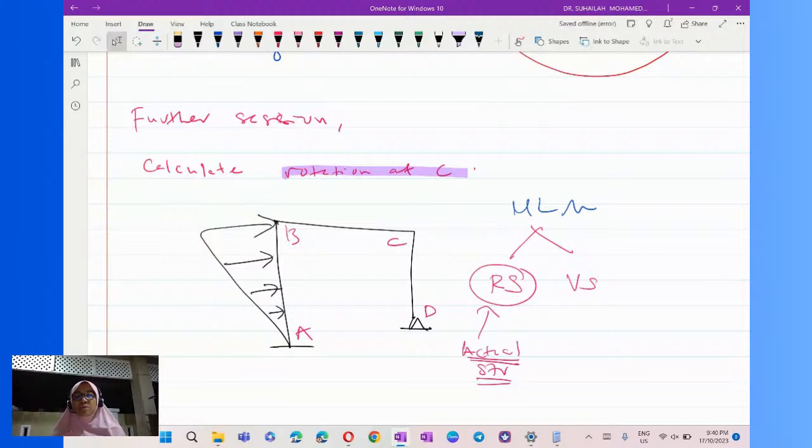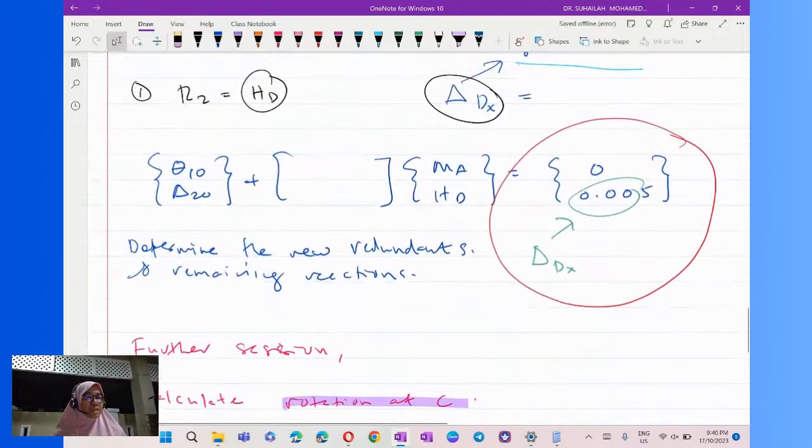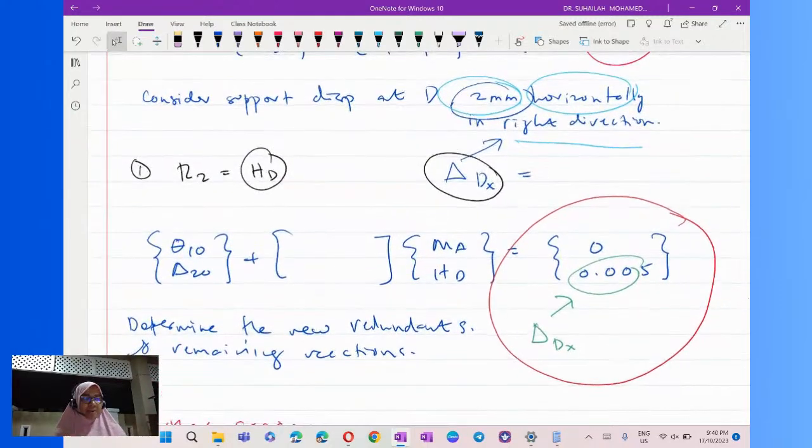Okay, so we have remaining 20 minutes for you to take attendance in the future. Please do so. I want you to submit tonight's session, until the new value of redundant and remaining reaction, considering support settlement.